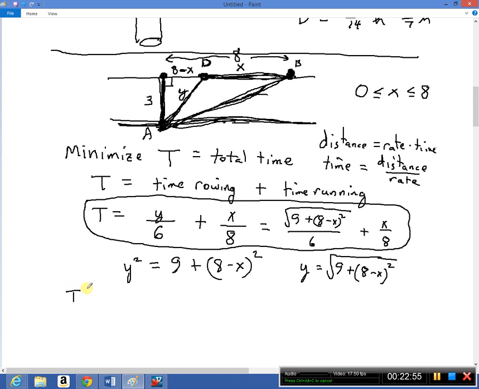In fact, we can do that now. If we calculate the time that it would take if we plugged in 0, that would mean x is 0, so we are not going to run at all. We're just going to row straight across.